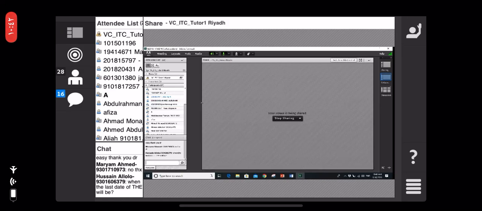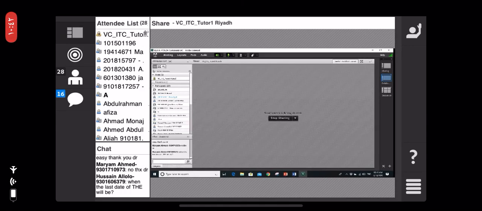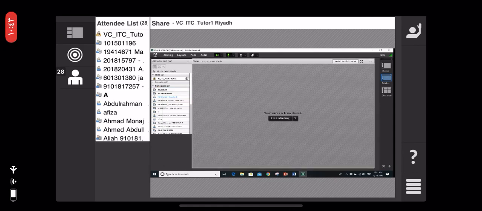I'm looking for the option where I can see the student list, attendee status view. There is a breakout room view, attendees view.